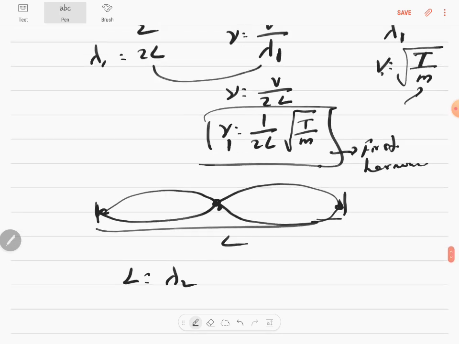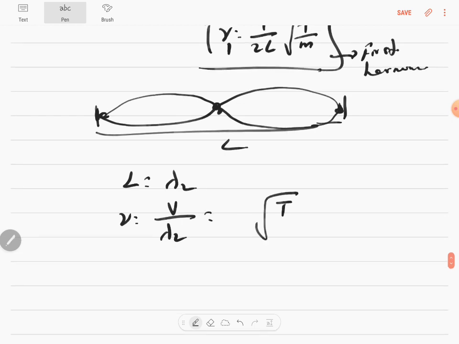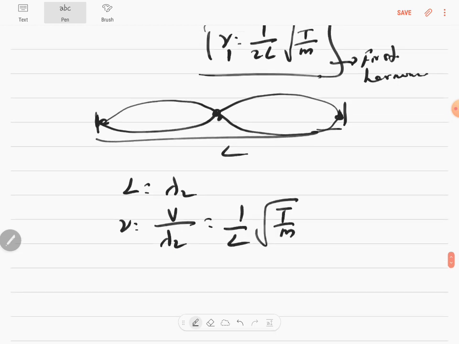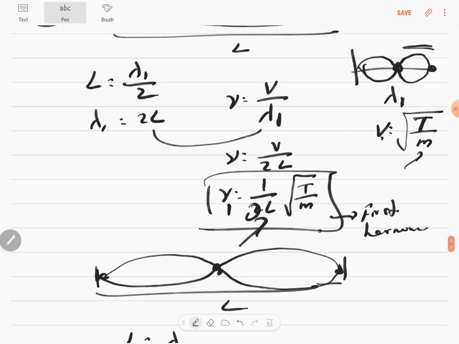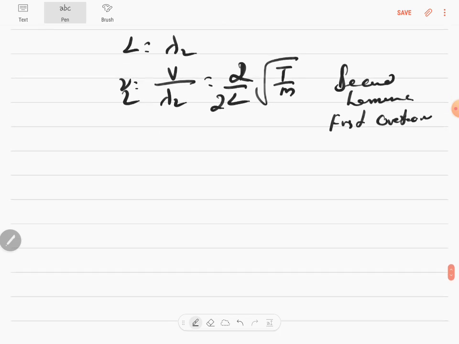And nu is equal to c by lambda, so nu 2 is equal to V by lambda 2, where lambda 2 itself is L and V is equal to root of T by m. So 1 by L. For consistency's purpose, since you have a 2L here, you can multiply and divide this by 2. So this will be your second harmonic, or in other words, it's called the first overtone. First overtone.